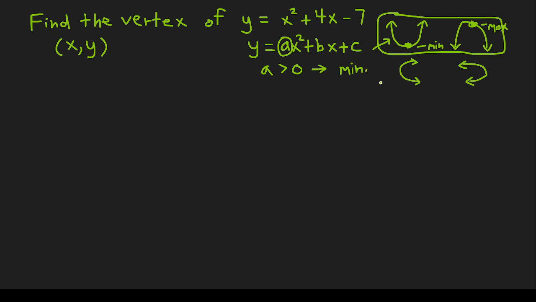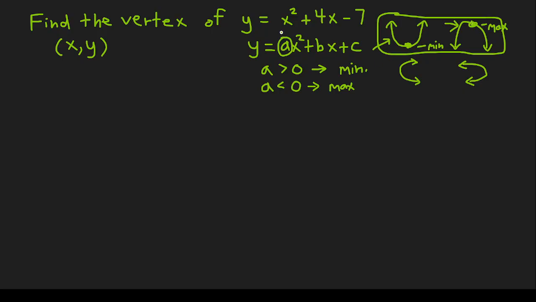That'd be the lowest point on the graph. On the other hand, if a is negative, we'll have a maximum value, which is this type of parabola right here. So this will be the highest point on the graph.